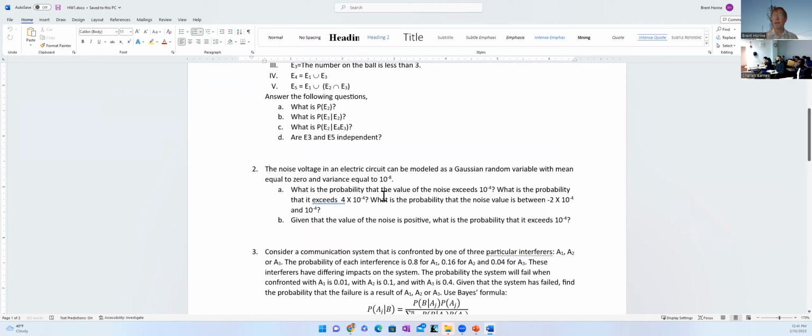So think about how this relates. You've got a Gaussian random variable, mean is 0, but it has a certain variance of 10 to the minus 8th. Now you're looking at the probability that the value of noise exceeds 10 to the minus 4th. So you set those integration limits up accordingly.